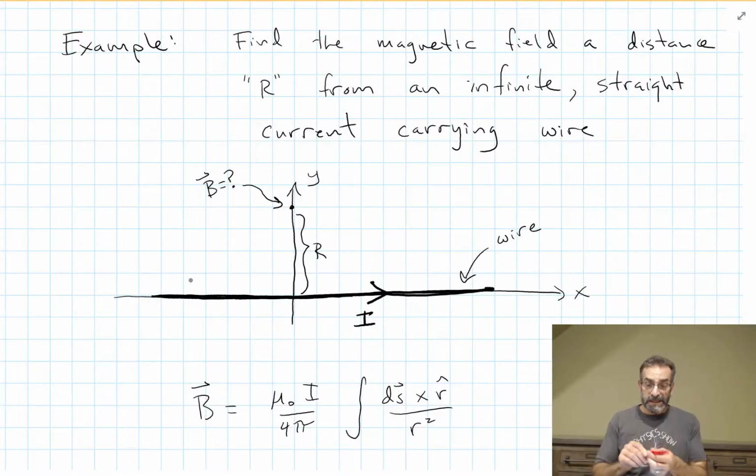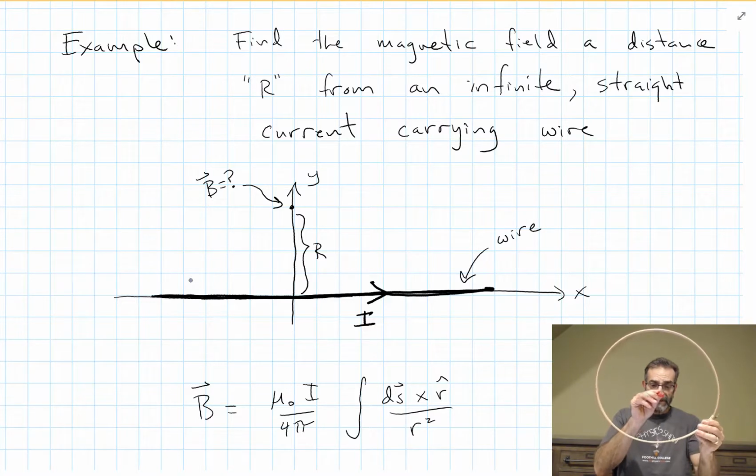Another example is, let's rotate this 90 degrees so the wire is running toward the camera. If the current is flowing toward the camera, we know the magnetic field has to form circles around the wire, kind of like this, right? Forms a circle around it.